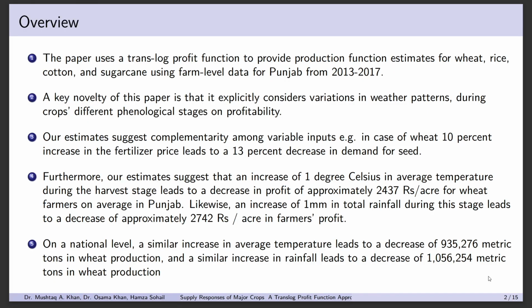And a 1 millimeter increase in total rainfall during this stage leads to approximately 2,700 rupees per acre decrease in farmers' profitability, which on the national level translates to approximately 900,000 metric tons of loss in yield for wheat from an increase in temperature, and 1 million metric tons loss in yield from an increase in rainfall.